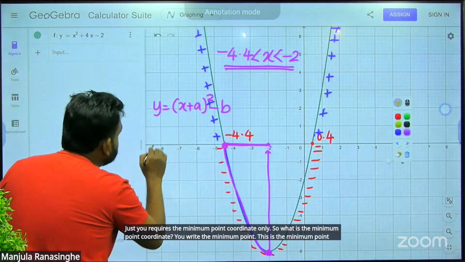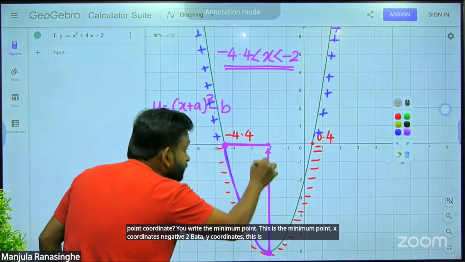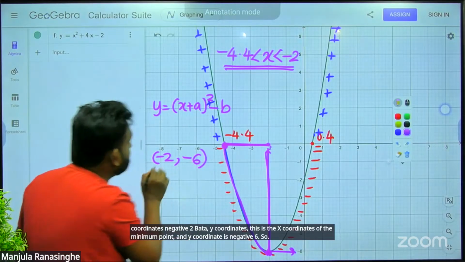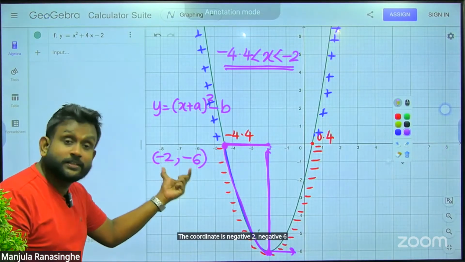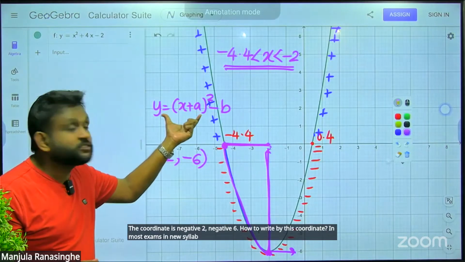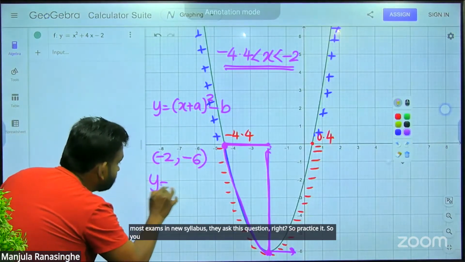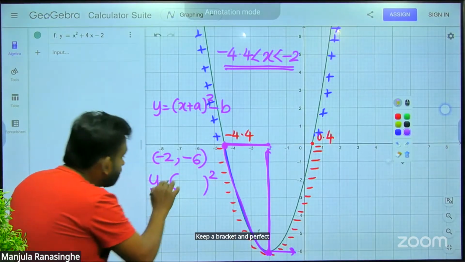The x coordinate of the minimum point is -2 and the y coordinate is -6. So the coordinate is (-2, -6). How to write it in this form? In most exams in the new syllabus, they ask this question, so practice it. You write y equals, keep a bracket and a perfect square, and write x.